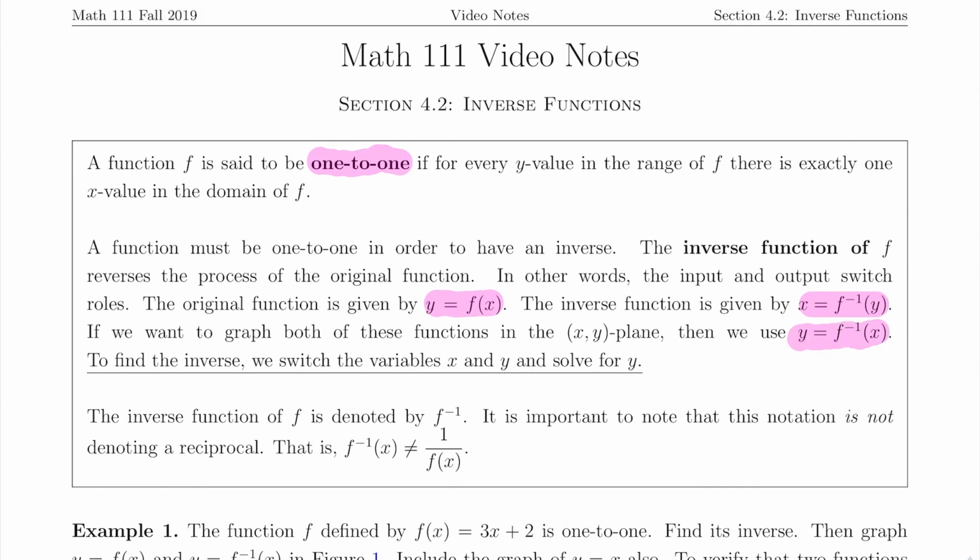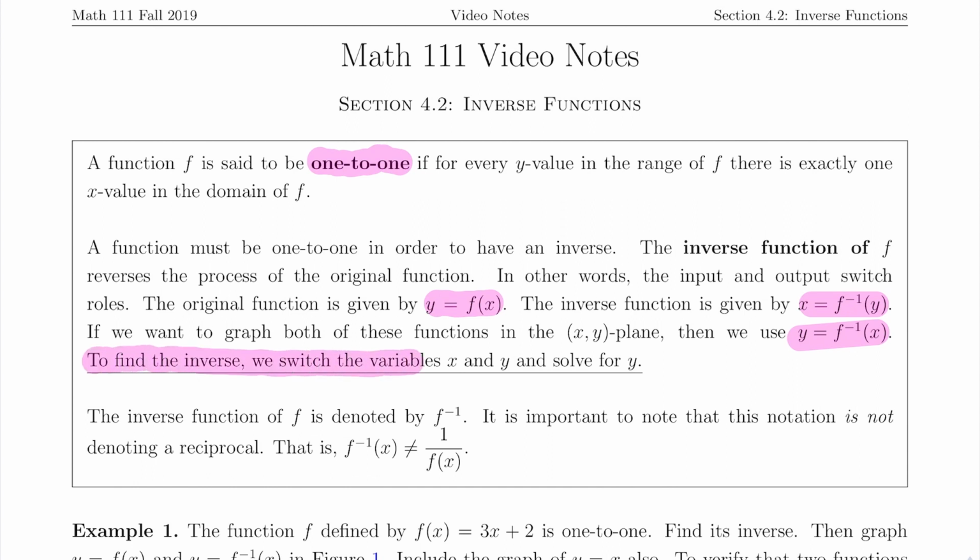So we will still be writing y equals, because that's what we are used to, and then we take our inverse function and apply it on x. However, the function will look different. It will be the inverse function, and we will go through an example in a second that hopefully makes that clear. We will actually switch x and y, but then we will solve again for y in order to then be able to graph. And so that is written out here.